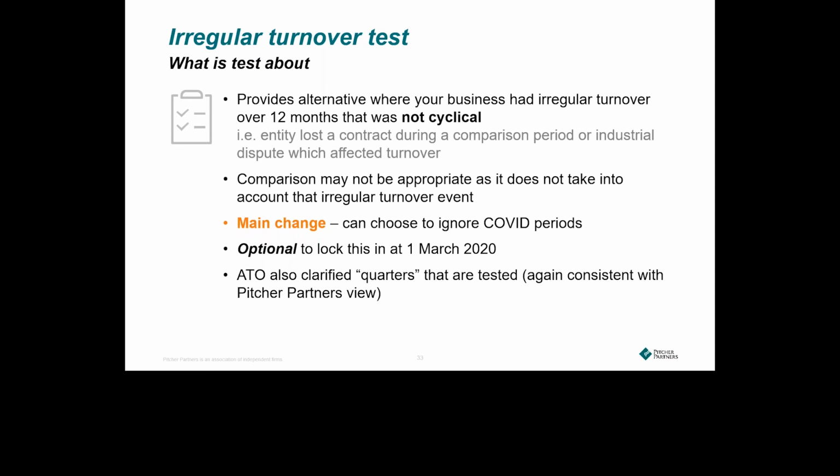It looks at any consecutive 3-month period, which when we test for irregular turnover prior to 1 March, we could be using some non-traditional 3-month periods. So it could be ones from March to May, or December to February. So it might be a bit of work involved because it doesn't align to what you report in the BAS. You might have to reconstruct those 3-month periods if you want to apply the test. And we'll go through this in some examples further on.